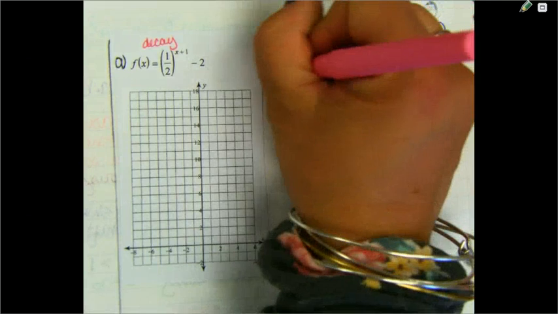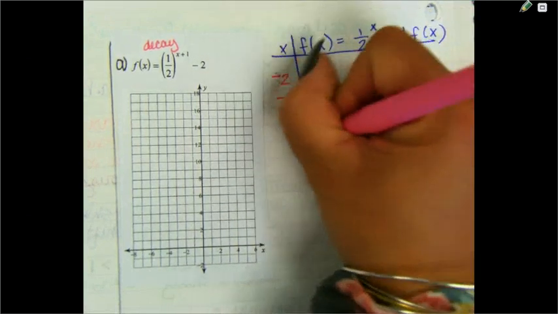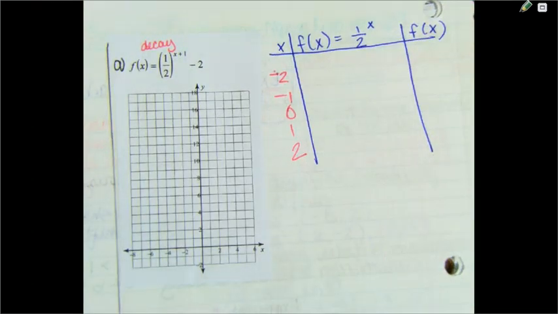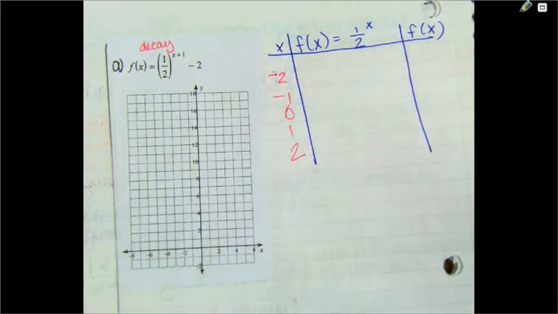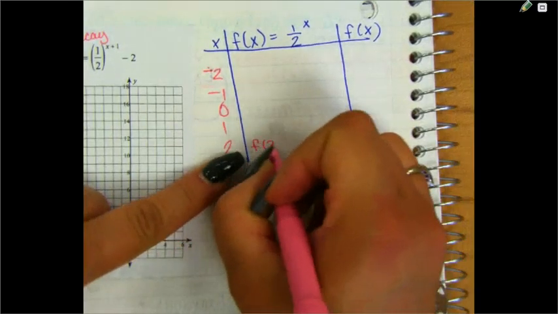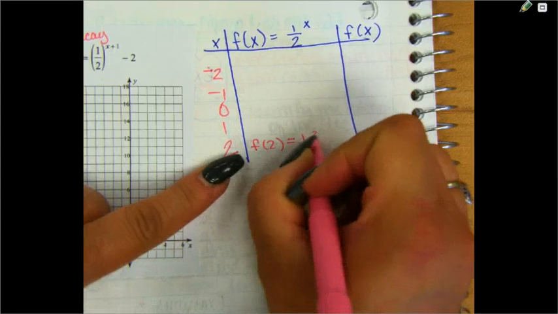Ready? -2, -1, 0, 1, and 2. Yes? All right. Do we want to start with -2 or 2? 2. Okay, let's go from the bottom up. All right, so f of 2 is 1/2 to the second power, which is 1.